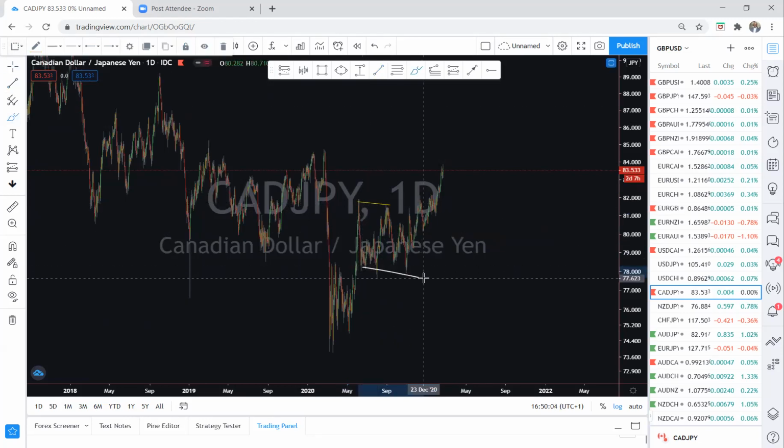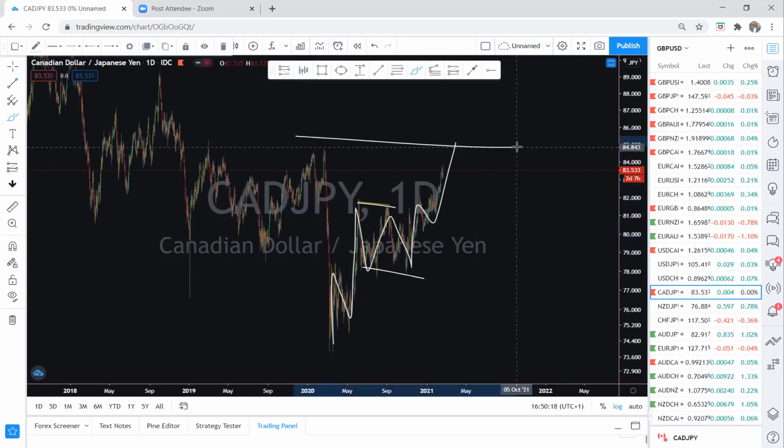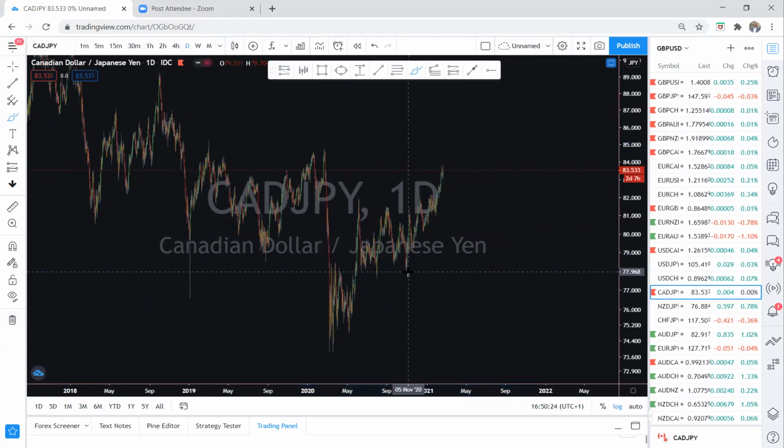After this three-wave move to the upside, we have a three-wave move back. We expect this to go to the upside. It still has more upside to go. From here, when we are expecting this leg of three waves, we have a move and we have a running flat here.